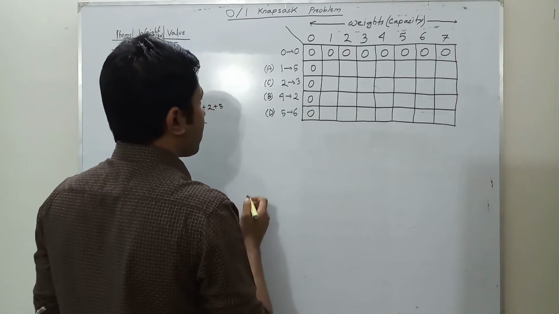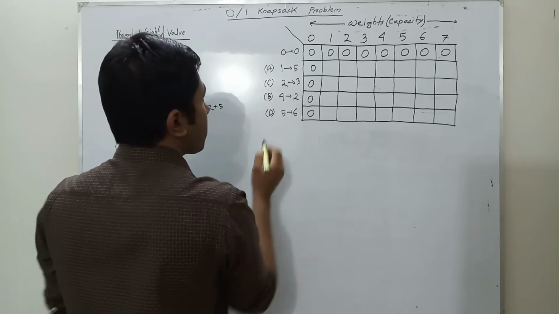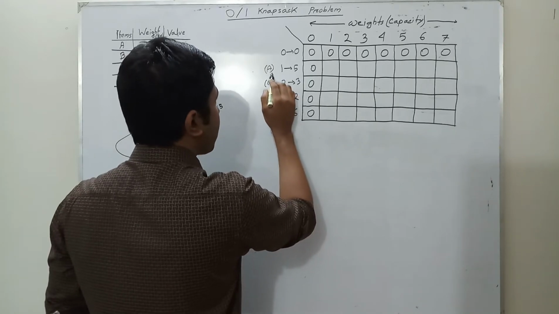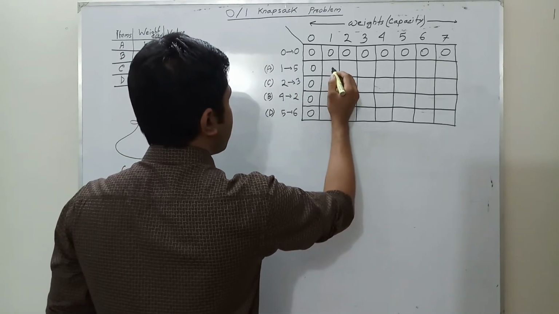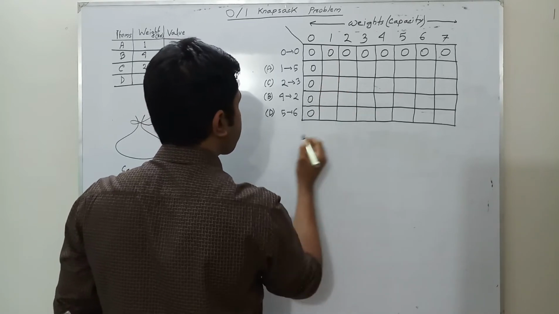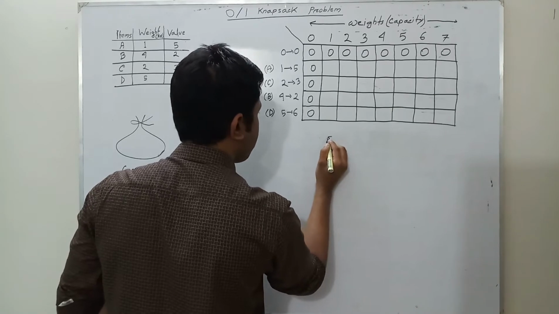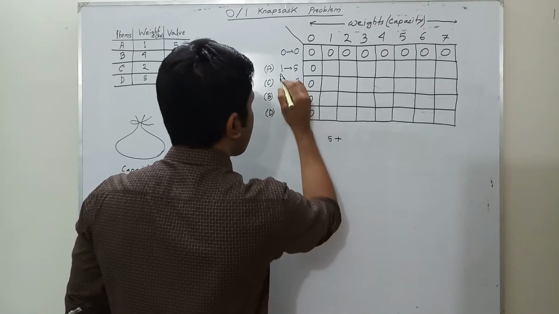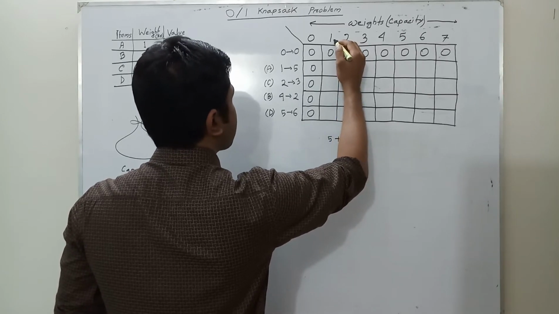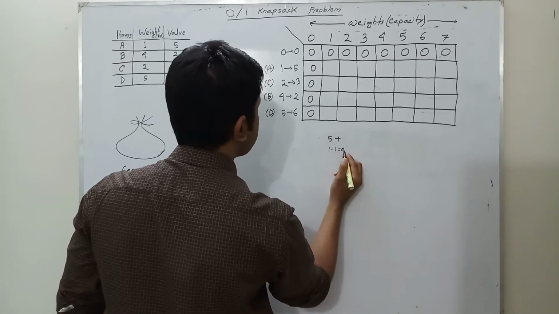Now we will see for item A. Here, when we use the item A for this field, the obtainable value will be 5 plus, as I have already used 1 size and the capacity of the knapsack is 1, the remaining size will be 0.